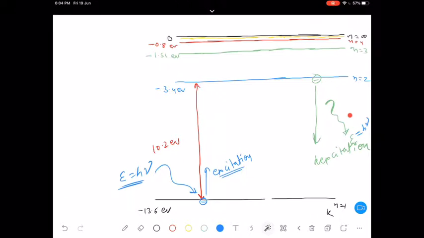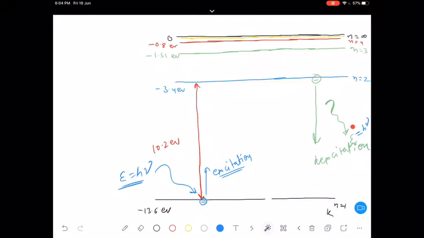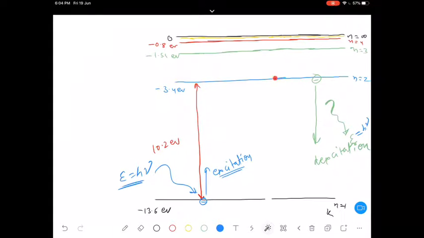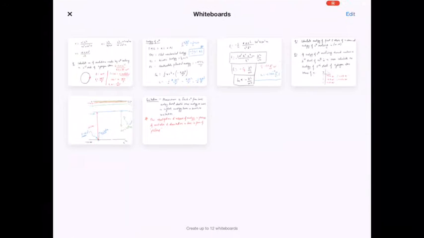I am saying that if an electron de-excites from n equals 3 to 2 or n equals 4 to 2, this energy difference will be equal to the energy of the emitted photon. In case of de-excitation, a photon will be emitted. In case of excitation, a photon will be absorbed. So these two cases are clear to everyone, I suppose. So I can even calculate this delta E.